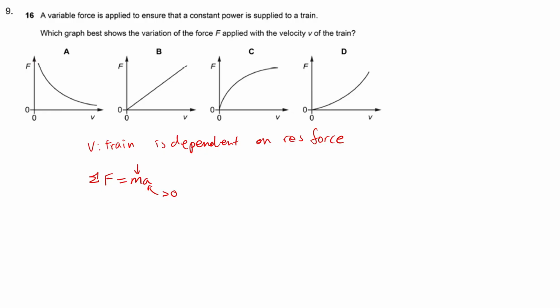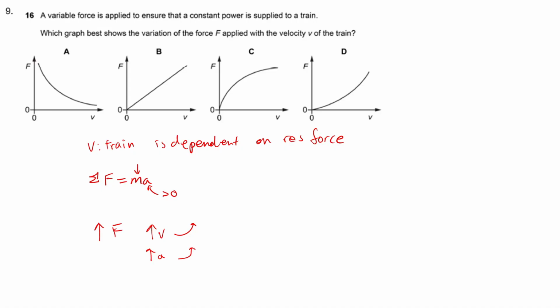Okay. So as force increases, our velocity is also increasing, and it's increasing concave up. This is because the change in v, right? It's accelerating too. So since it's accelerating, it's like a parabola going up.